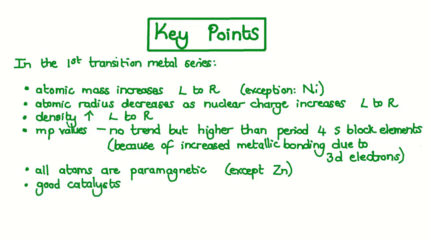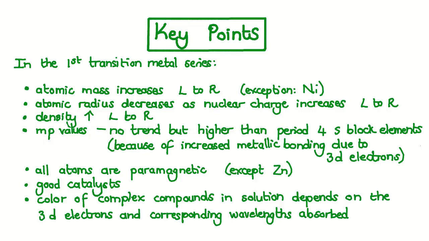We looked at just 3 examples of transition metals used as catalysts. Lastly, we learnt that the color of complex transition metal compounds in aqueous solution depends on the 3d electrons and the corresponding wavelengths absorbed. We learnt that the human eye detects the complementary colors, those that are not absorbed by the solution.